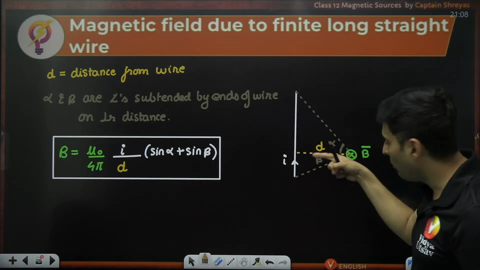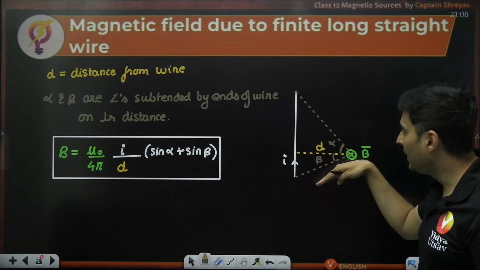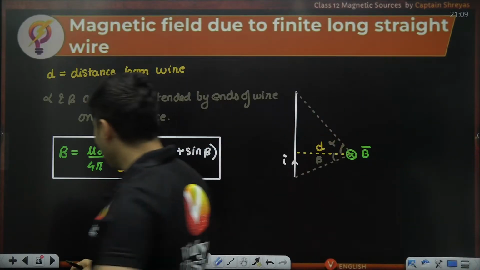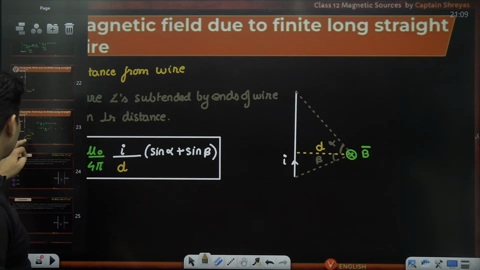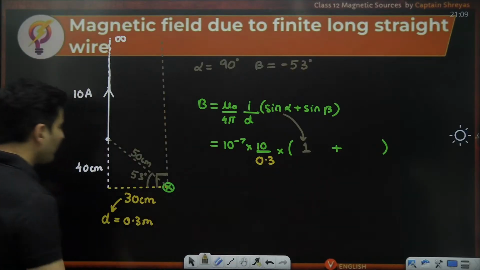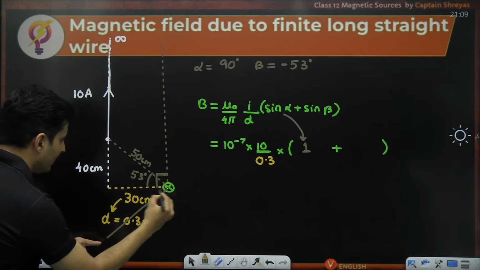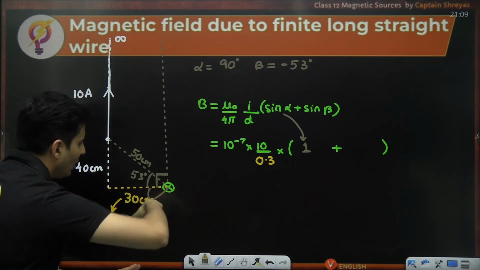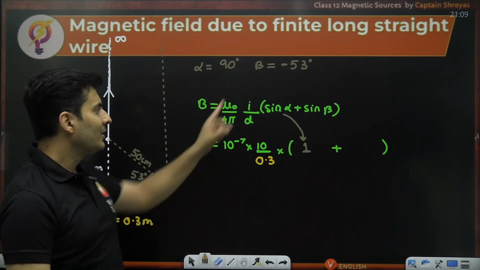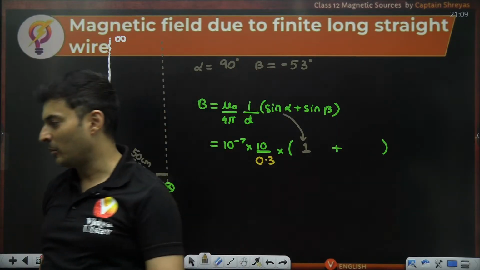So the assumed positive direction of beta is when it is on the other side of alpha. But if it is on the same side, then it's going to be negative, guys. So technically, it is minus 53. Because if this point was here, then this would be plus 53. Obviously, the other side has to be negative 53. So that is the biggest catch in this problem.